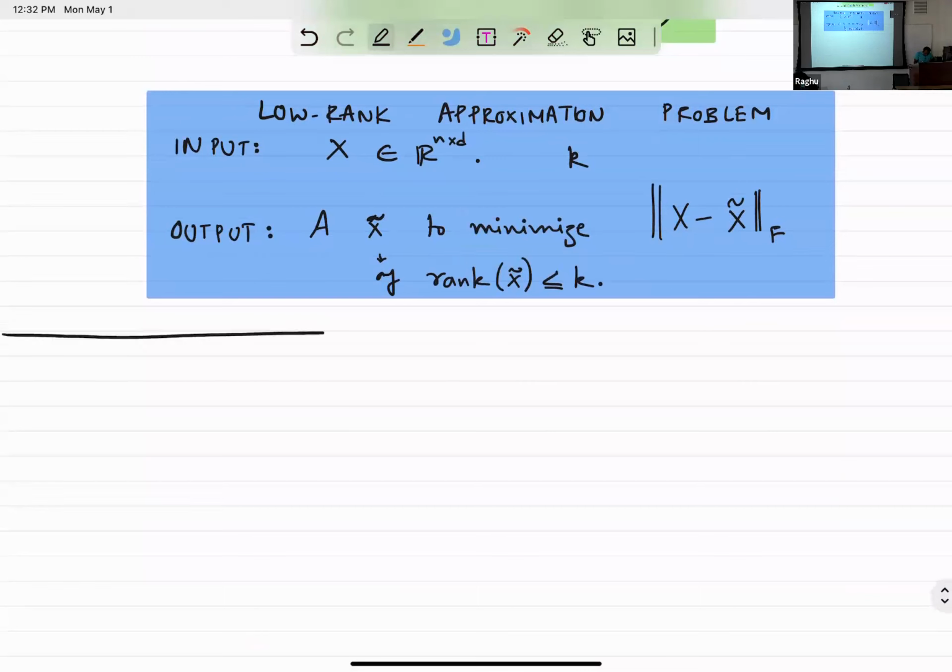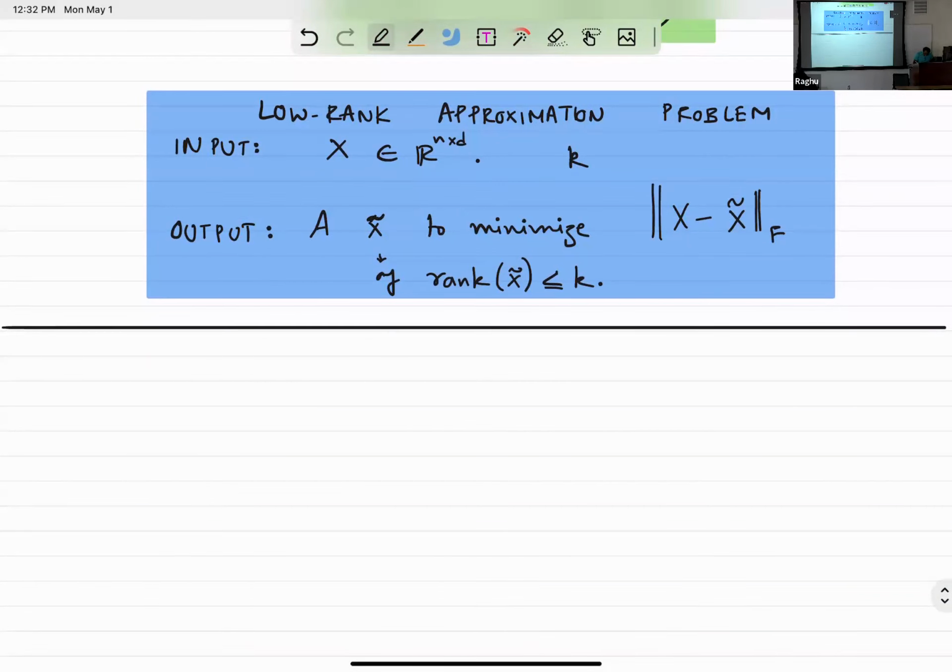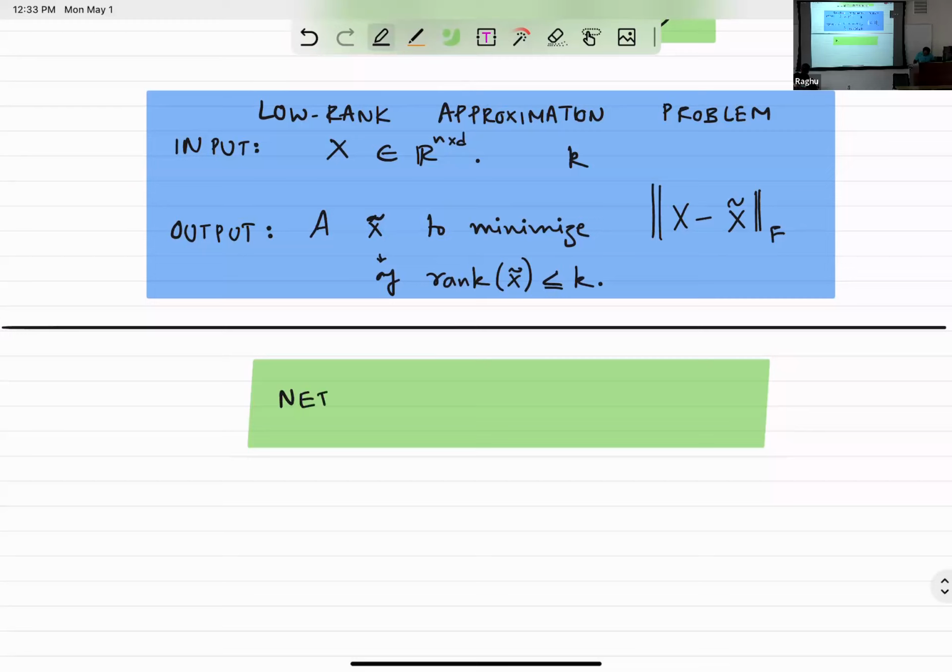Let me describe one application of this problem. Maybe some of you have already heard about it. At some point long ago, there was this thing called the Netflix challenge.